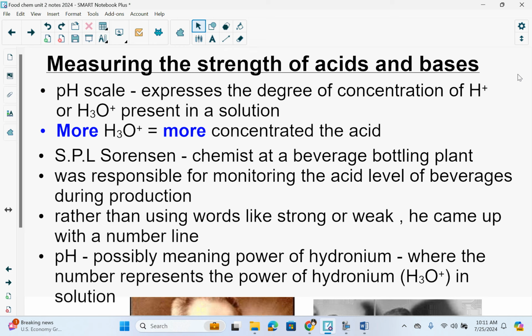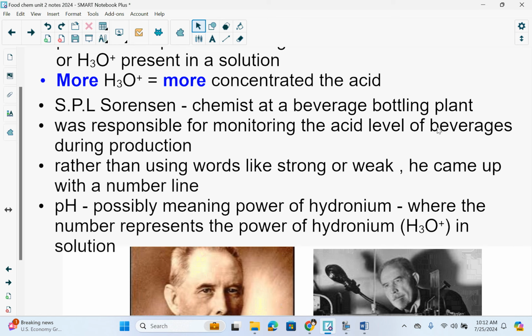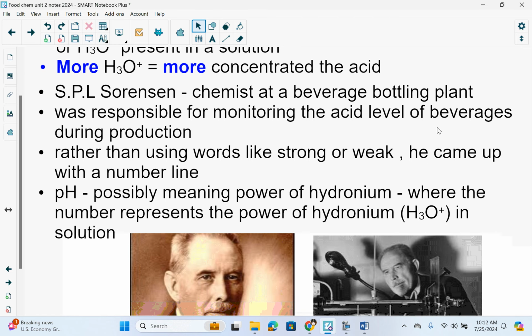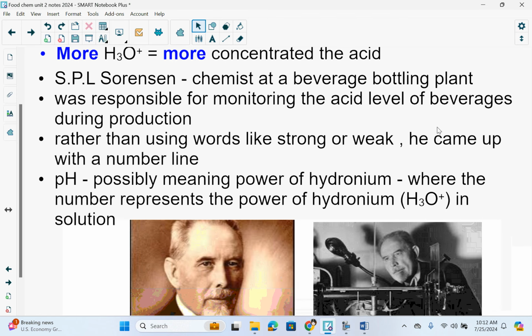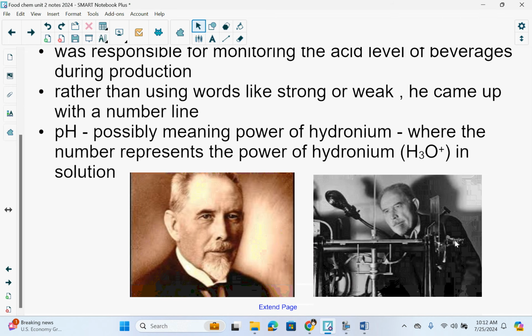He was responsible for monitoring the acid level of beverages during production. But rather than using words like strong or weak, he came up with a number line. pH possibly meaning the power of hydronium, where the number represents the power of hydronium or H3O plus in solution, is what he came up with, also known as a pH scale.